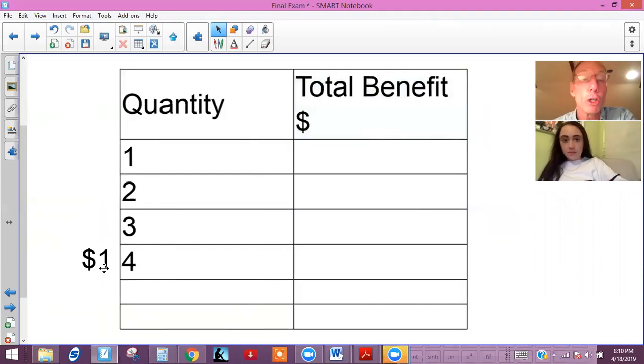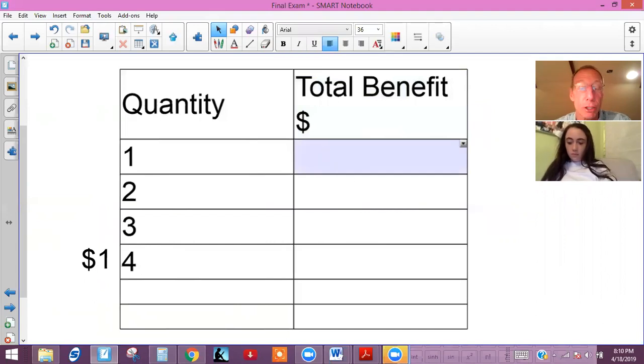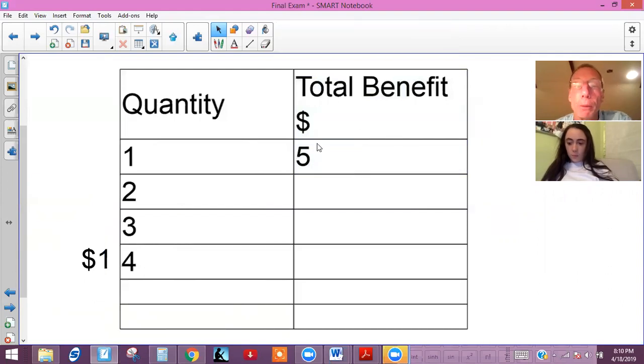So what you want to do is find where the marginal benefit is greater than or equal to the price, and you'd buy it, right? So if the total benefit right here was, say, and this is going to be in dollars, let's say it's 5. This is consumer surplus, but this is sort of arbitrary. What you're really saying to yourself is, I would have paid $5 for that apple.